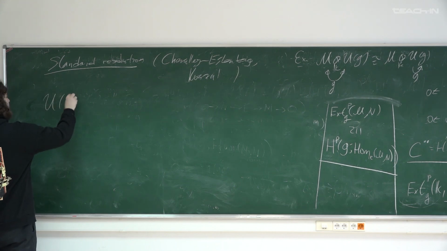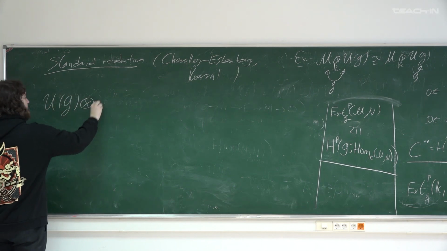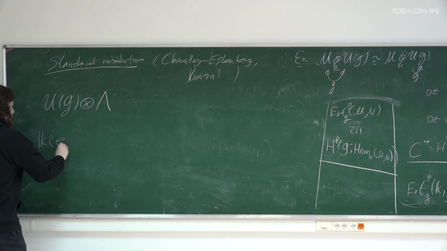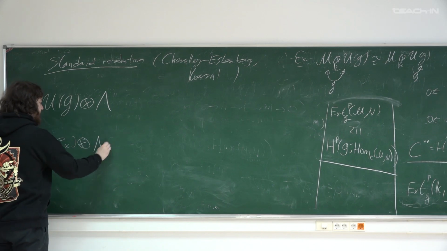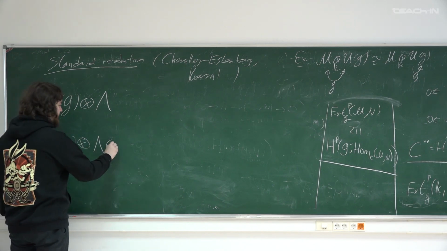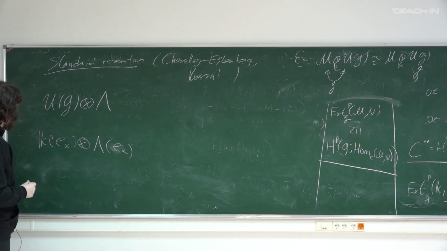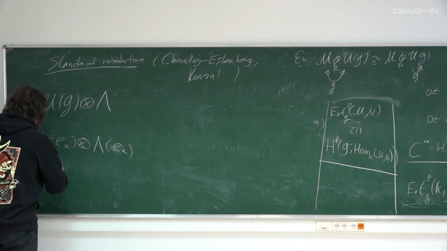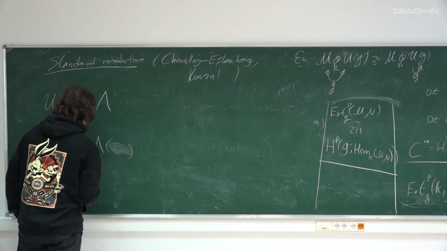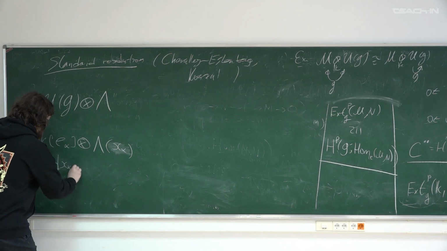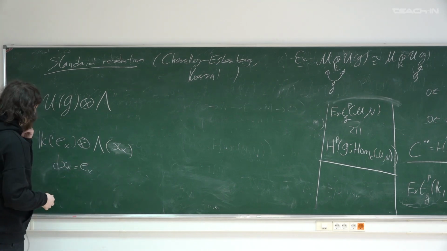Consider the following tensor product. As for the Koszul resolution, we considered polynomials tensor lambda of the same set of generators, let's say x alpha, with the Koszul differential. The Koszul differential just sends x alpha to e alpha, and then we use the Leibniz rule.